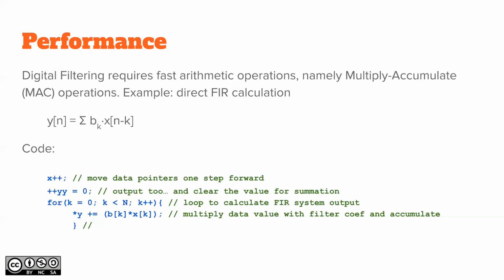When you're talking about digital signal processors, which are specially designed for digital signal processing applications like filtering or control, they have optimized instructions for multiply accumulate. So usually there are MAC operations on those digital signal processors.